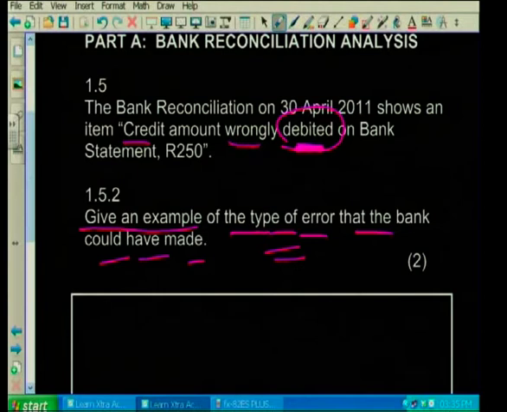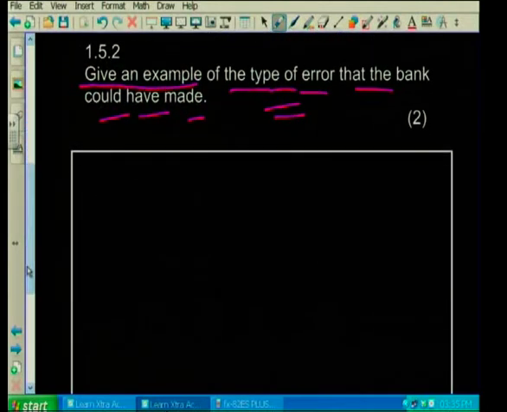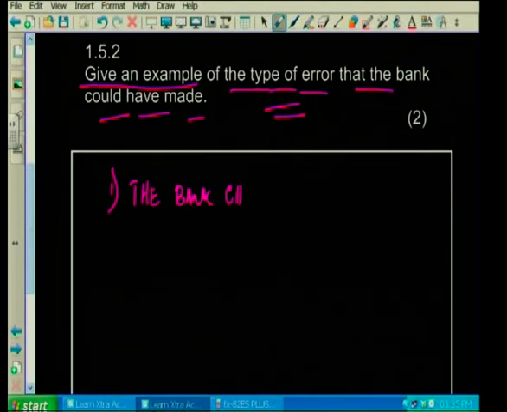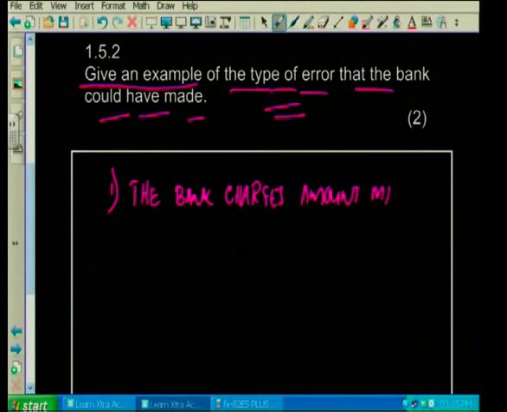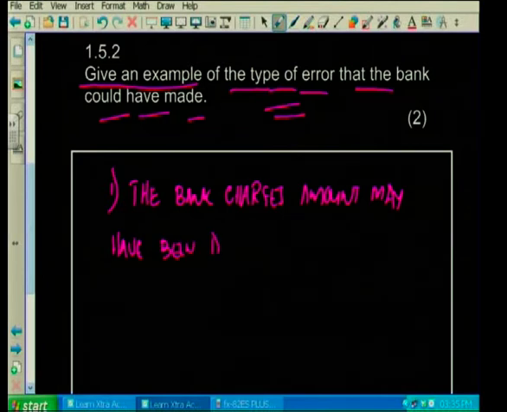What are possible reasons? One, let's look at the reason. It says you give one example. One, I would say that the bank charges amount may have been doubled.